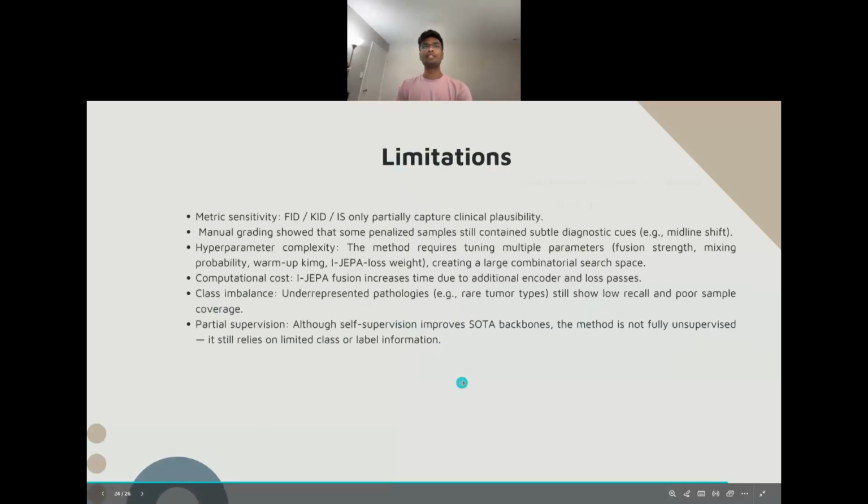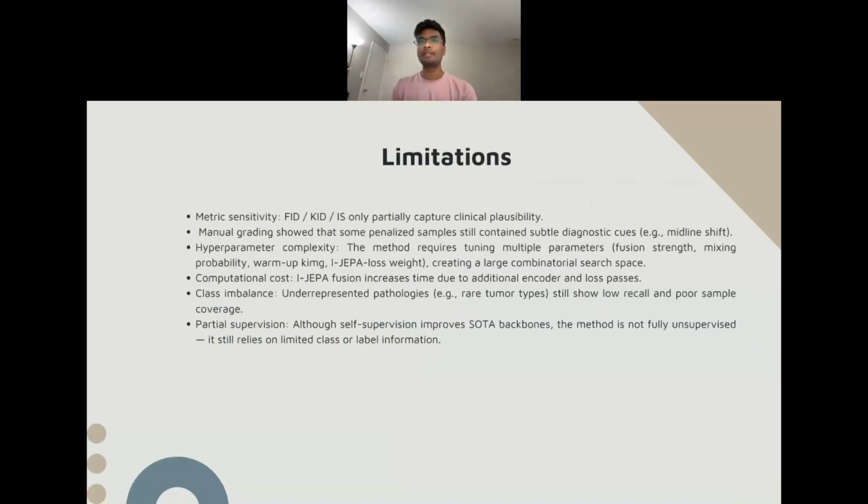So the main limitations with our method: although we are improving the state of the art backbones, this is not completely unsupervised. When I was talking about the semantic ramp and trying to warm up the models, we are actually using the information about the class labels.